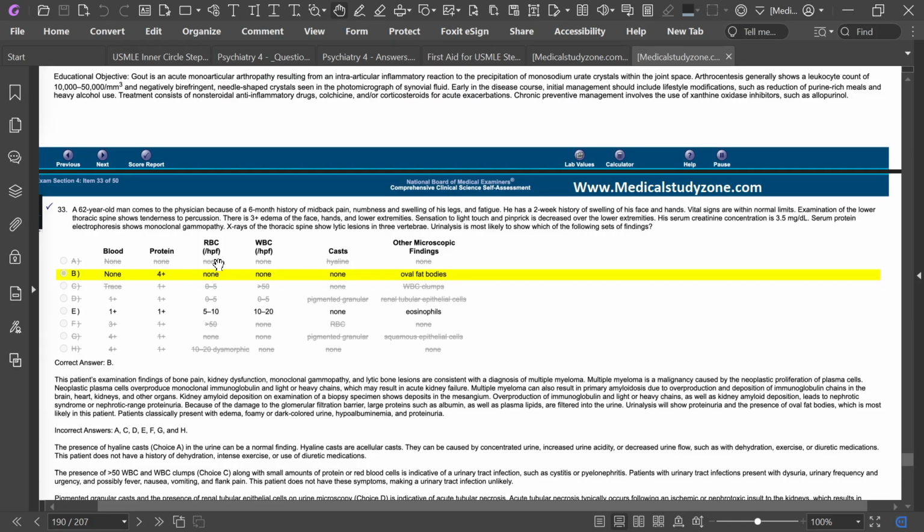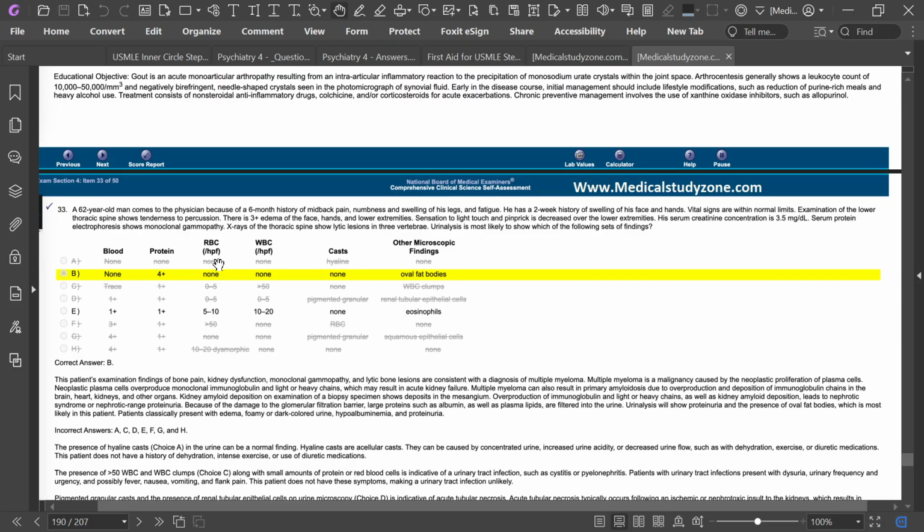Can you explain that? No, I cannot explain it. Sorry, I got it wrong. I have never seen multiple myeloma with such a feature. Me too. In most multiple myeloma questions there is hypercalcemia, kidney problems, and there may be anemia.